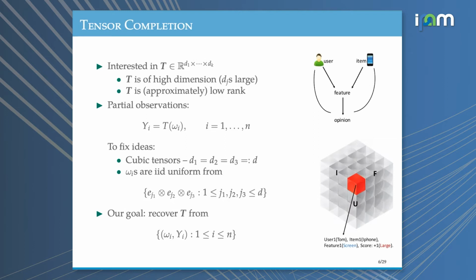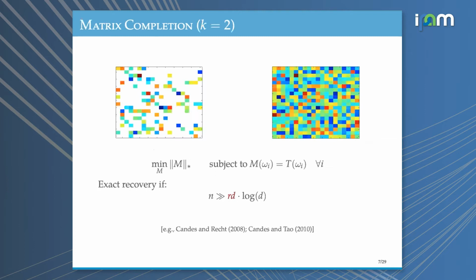But nonetheless, it's helpful that we first look at the simplest situation, which is matrix completion, just to gain some ideas on how we would approach this problem. So the basic idea in the case of matrix, just to reiterate a little bit, can be illustrated by this figure here. Suppose I observe a matrix on the left-hand side, and only the colored entries are observed.